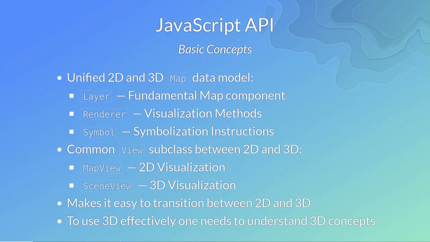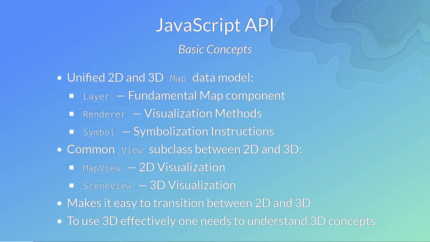Foundations for the 4x APIs. One of the most important things that we did for 4x is that we have a unified data model now that is shared between 2D and 3D, which is very neat because everything you do for your 2D visualization, you can port it to 3D with very little effort.